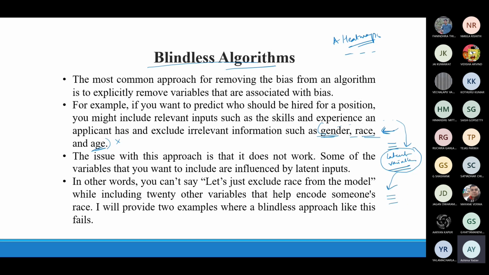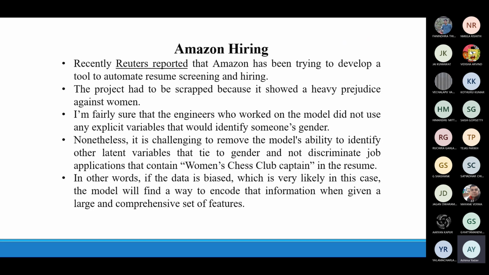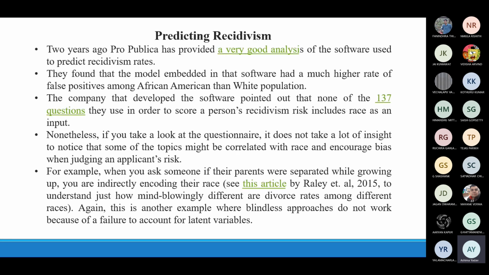So I already explained the recruiting tool. Let's say we want to predict recidivism. Recidivism means the chances of a person who has committed a crime or an offense to commit a particular crime or do something wrong again.